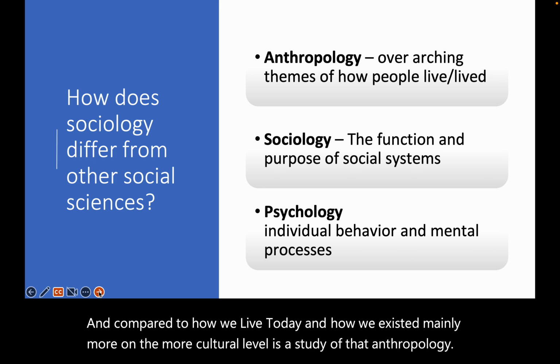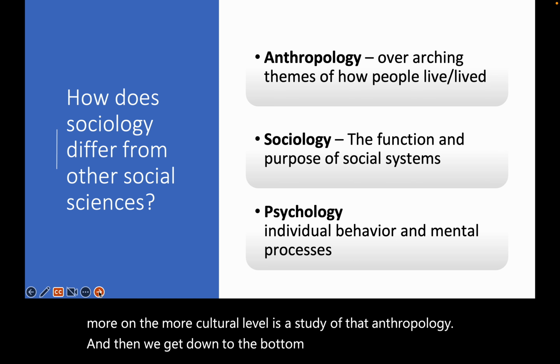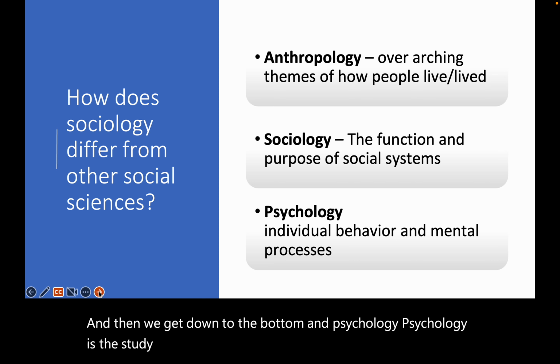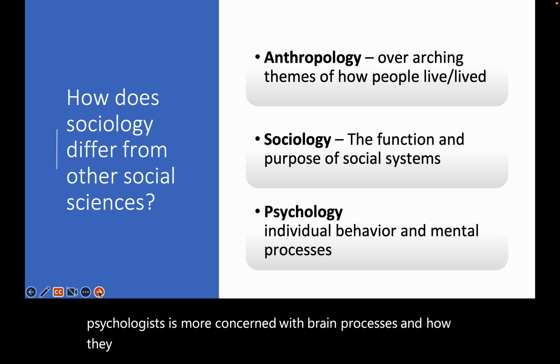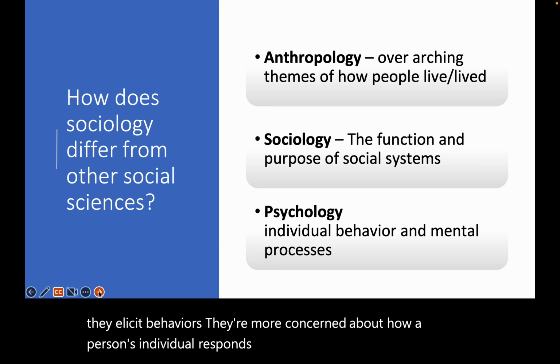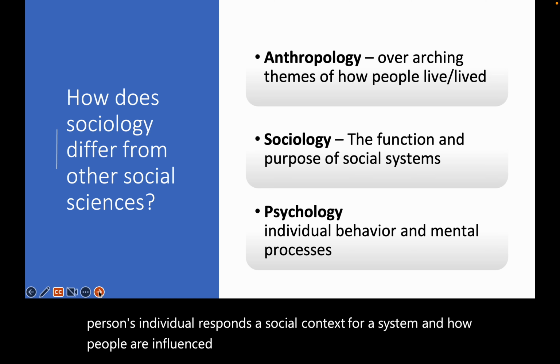And then if we get down to the bottom, psychology is a study of individual behaviors and mental processes. So psychologists are more concerned with brain processes and how they elicit behaviors. They're more concerned about how an individual responds to a social context or a system, and how people are influenced by social information, and how people then influence that social information.